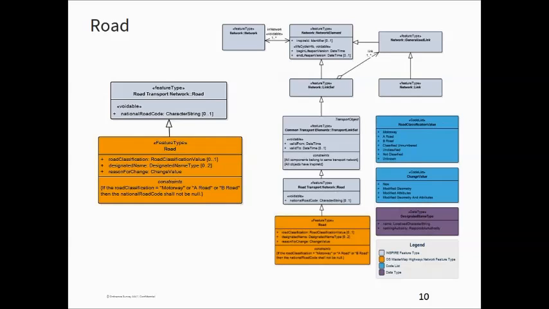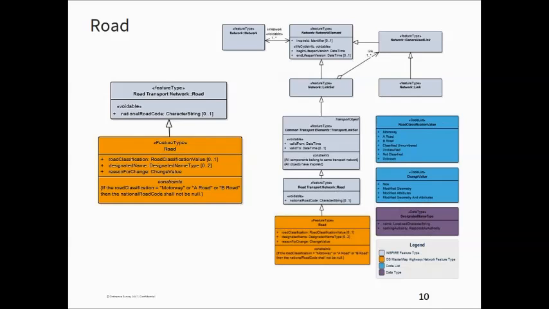In terms of the classification as well, we have a very good connection between the classification and attributes such as designated name. The designated name attribute is the official name assigned to the highway by a designated street naming authority. On the road feature, this will always be the OS name.